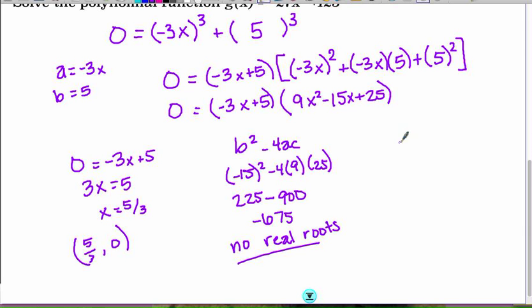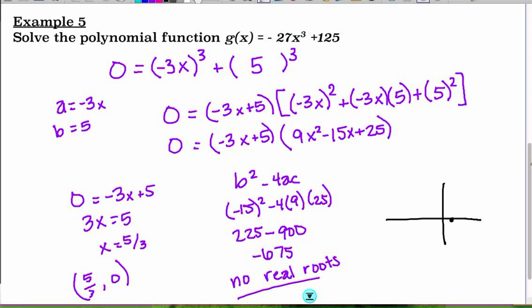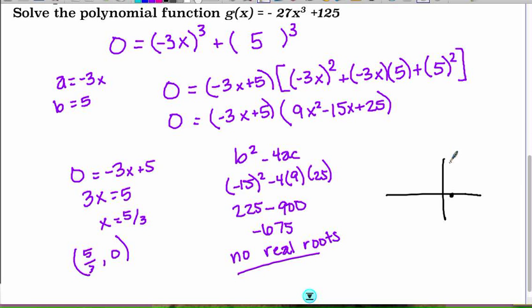To give you an idea, if I had the graph of this, I know that my x-intercept is at 5/3, and it's positive. So we know that this is an odd function, and the leading coefficient is negative, which means that it starts up here, and then it goes down, goes back up, and then, hold on, sorry, I messed that up.